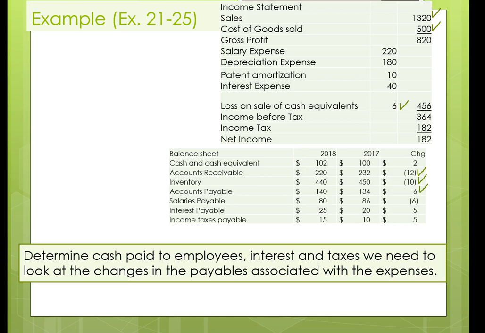So, in our case, we look at salary expense and salary payable, we look at interest expense and interest payable, then we look at income tax and income tax payable. Now we can figure out what our actual cash was associated with each of these items.